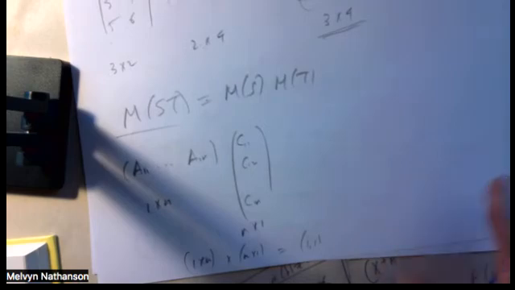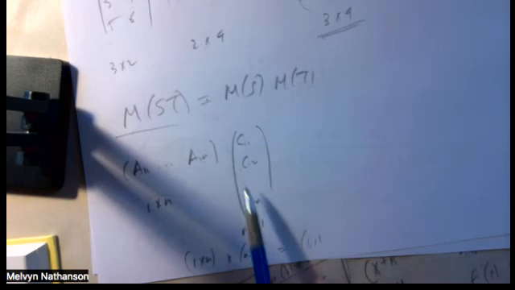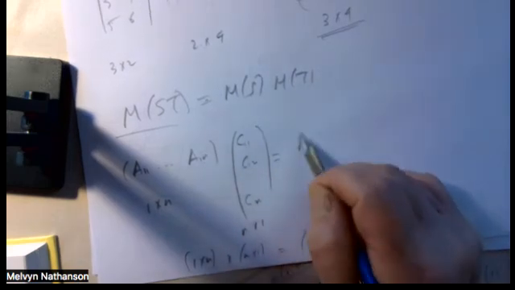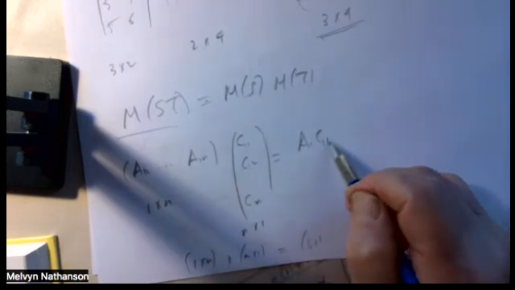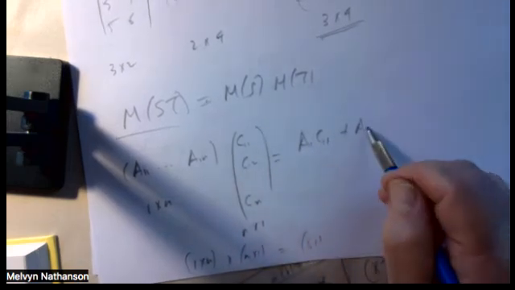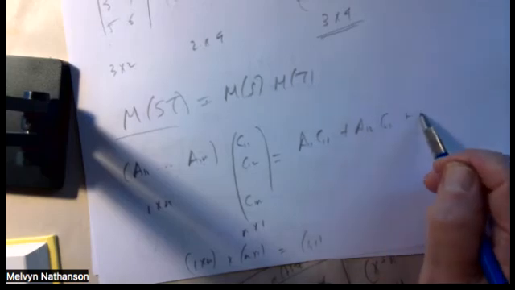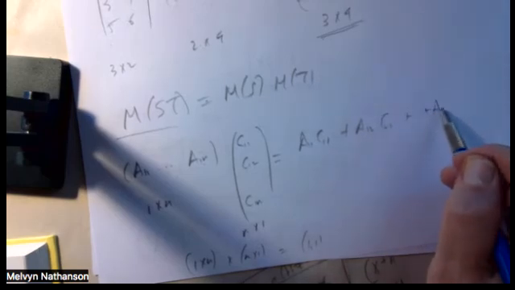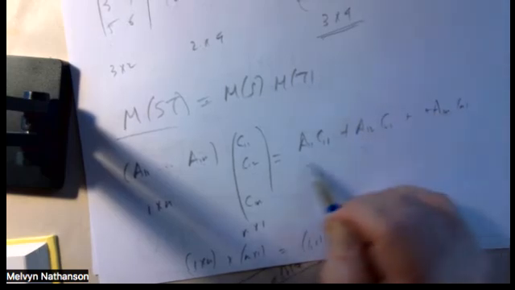That means a number. In fact, when you multiply this matrix into this matrix, which is this row vector into this column vector, you get A11 C11 plus A12 C21 up to A1n Cn1.